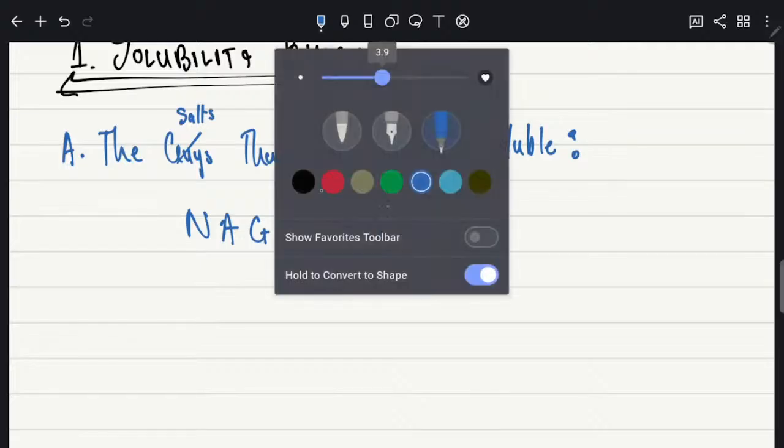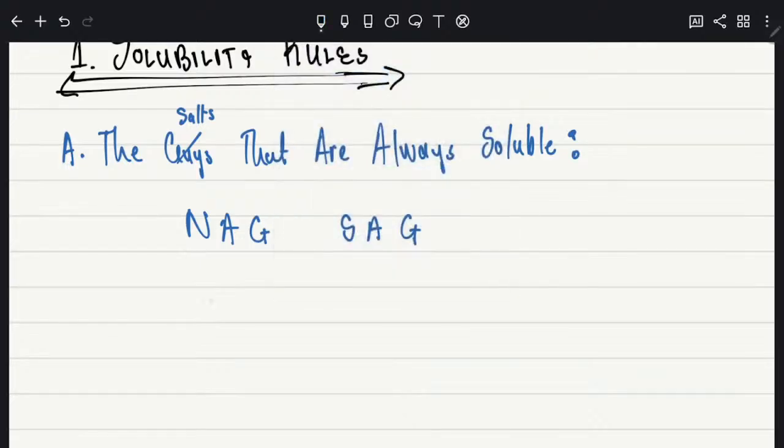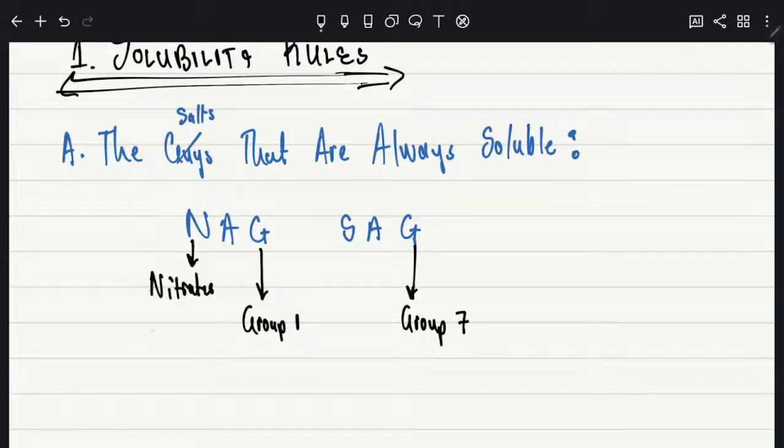I want you to say this G is group 1. This other G is group 7. This N is nitrates, which is NO3, always soluble.